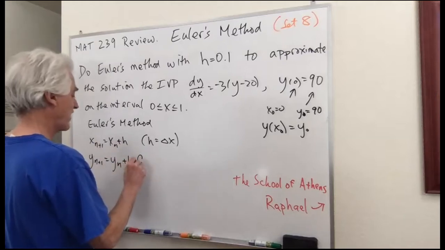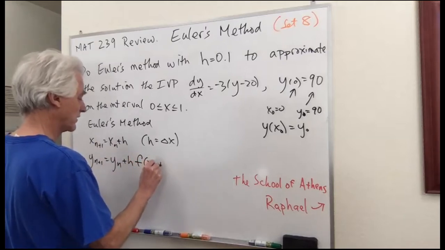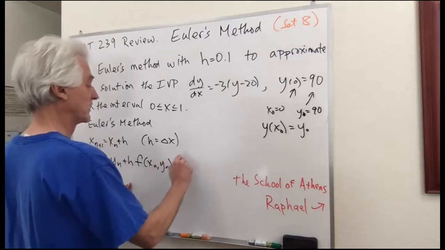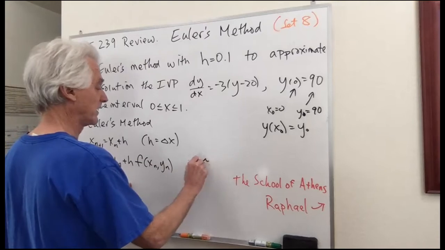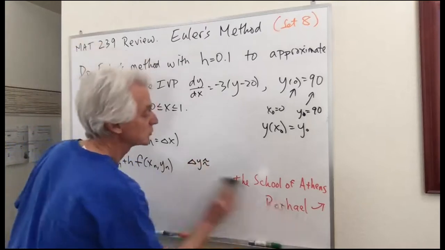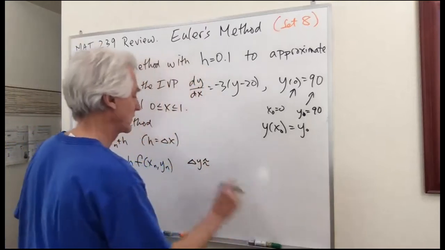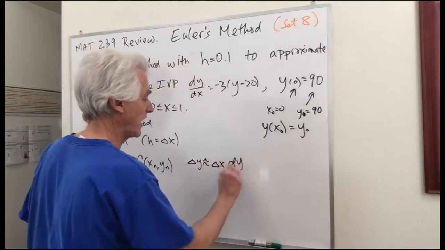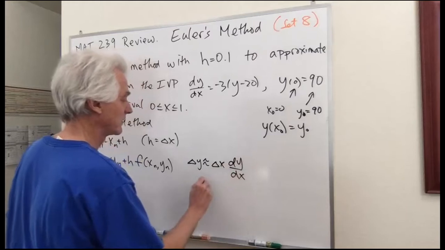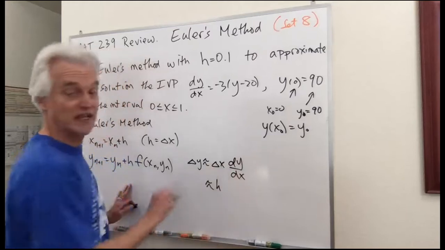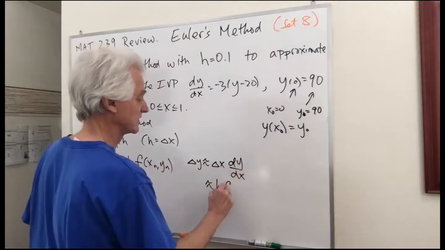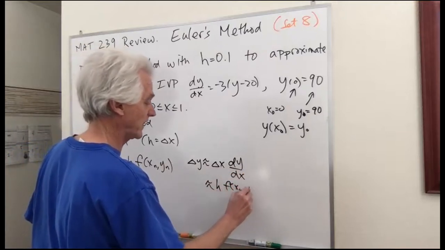That is f of x and y, whatever that happens to be. The idea here is that delta y is approximately equal to delta x times dy/dx, okay? So delta x is just h, and dy/dx is f of xn and yn.